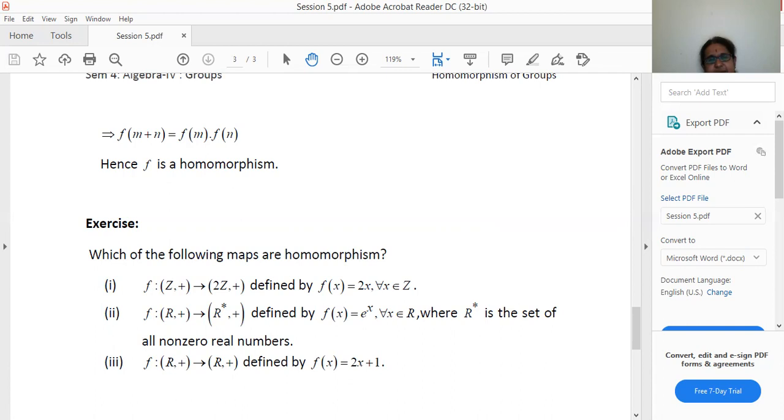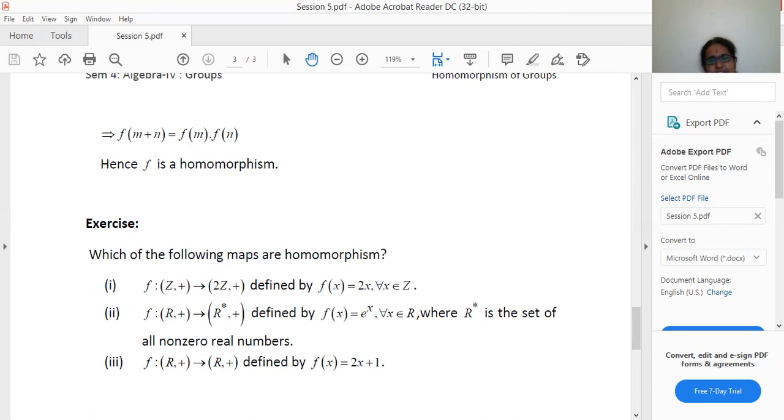If f is a mapping from G to G dash, then f is said to be a homomorphism if f of g1 dot g2 is equal to f of g1 star f of g2, where g1 and g2 are elements of the group G. Suppose this is not satisfied, that is f of g1 dot g2 is not equal to f of g1 star f of g2, then we say f is not a homomorphism.